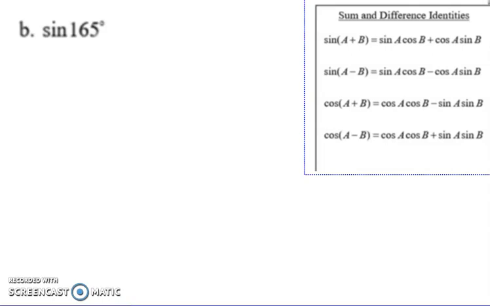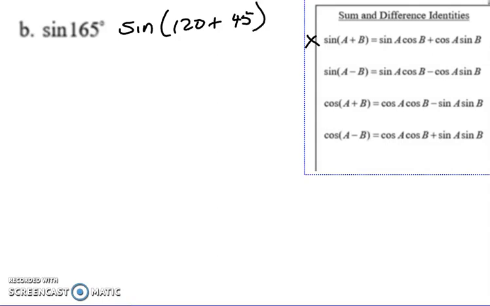We have the sine of 165, and for that we are going to use the sum of sine. So for 165, we're going to use the sine of 120 plus 45.